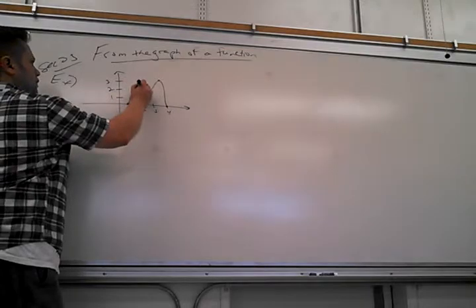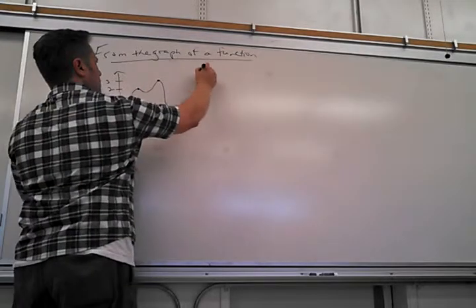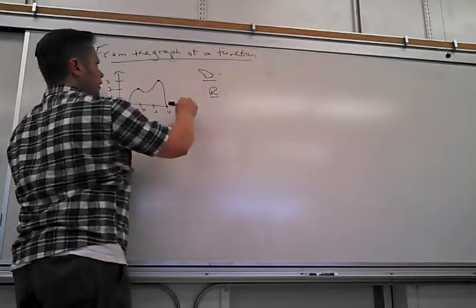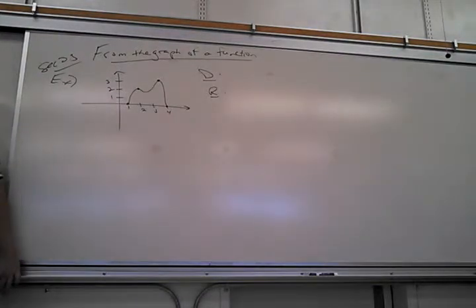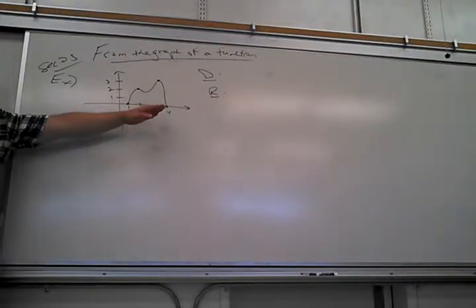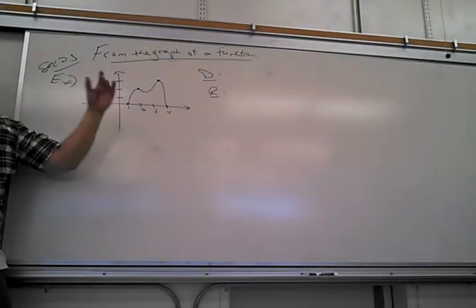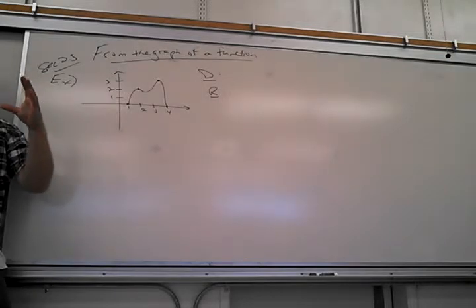So if I'm given this graph here, can anybody tell me what the domain and range would be? What's the domain for this function? Greater than or equal to. From what to what? 1 to 4. Yeah, from 1 to 4, inclusive, right? So what's the best way to write that? In brackets. Symbolic, I love it.